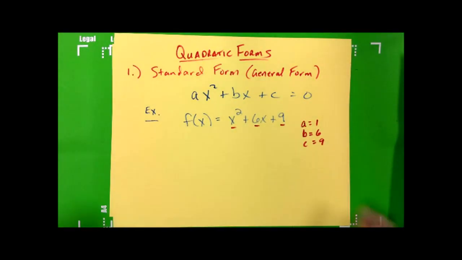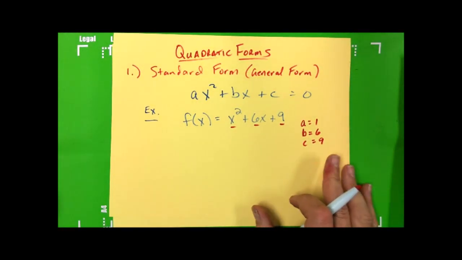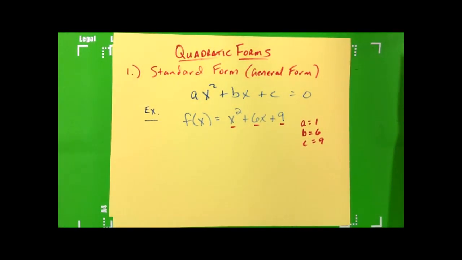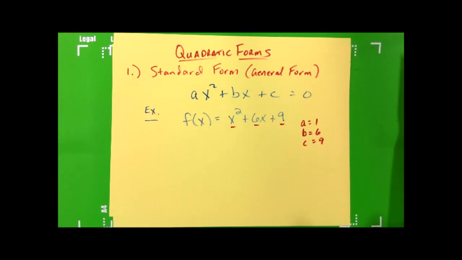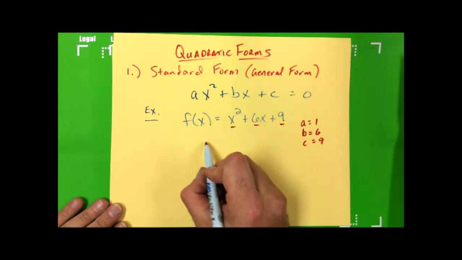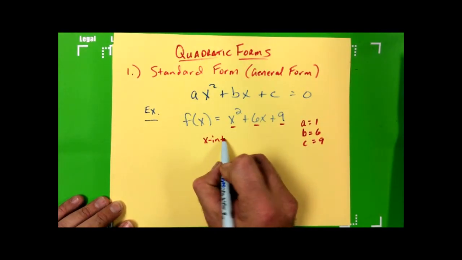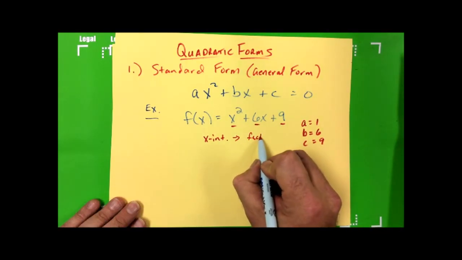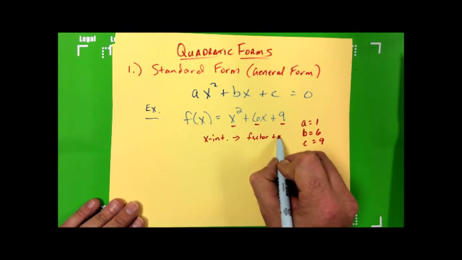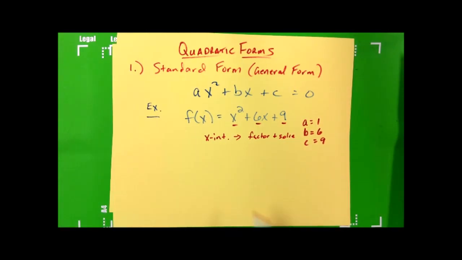Very good. So if I wanted to use the quadratic formula here, I could. Those are my numbers. Of course, I would replace this with 0 and solve in that case. Which means that if I want to find x-intercepts, I certainly can. I would simply, hopefully, factor and solve for x-intercepts.